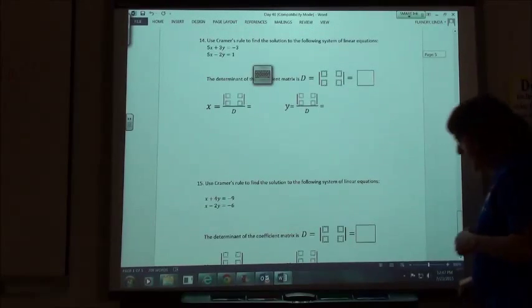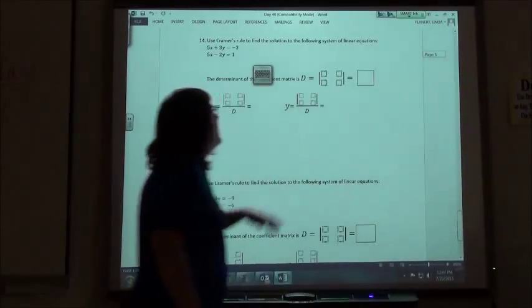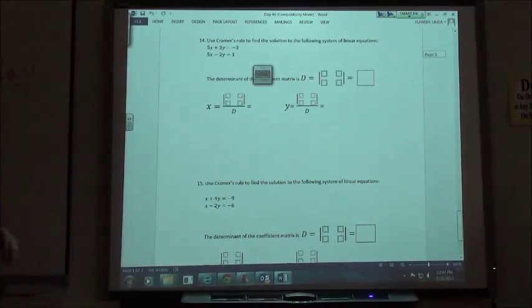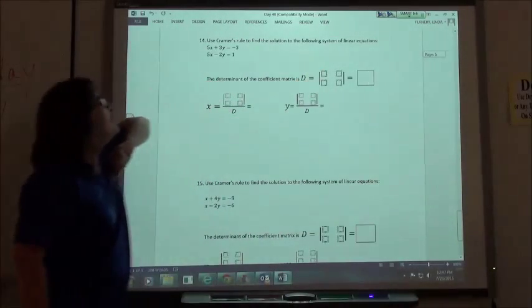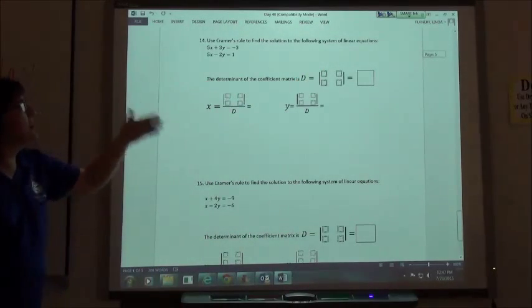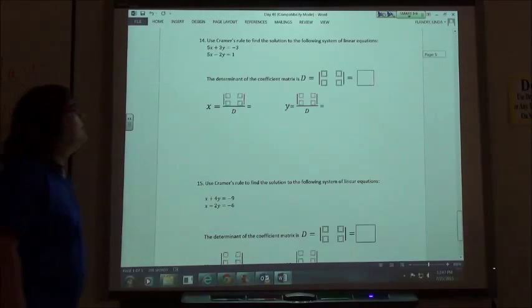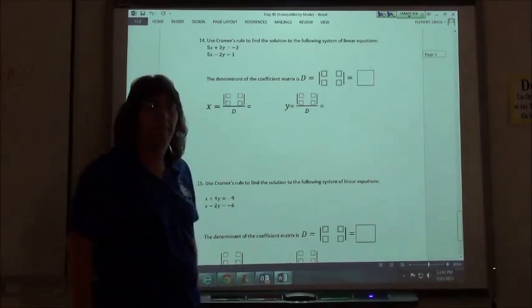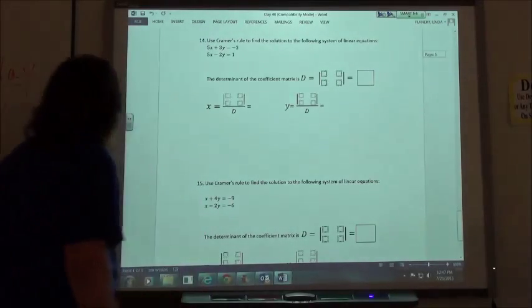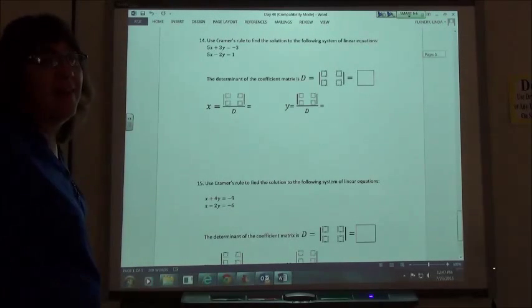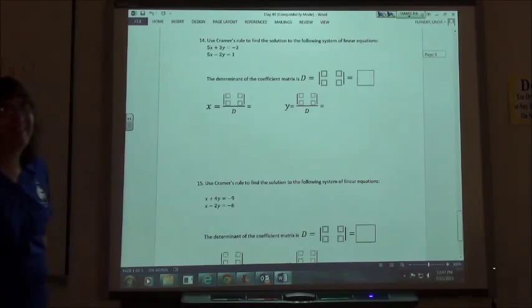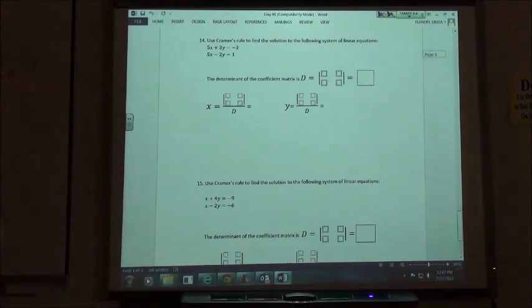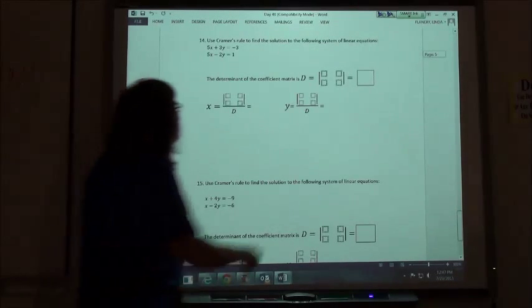So number 14, we're going to use Cramer's Rule. And on Alex, they are going to make you fill in all these boxes to be sure that you really are using Cramer's Rule to solve the problem. So my first determinant D, my first column is going to be 5 and 5.